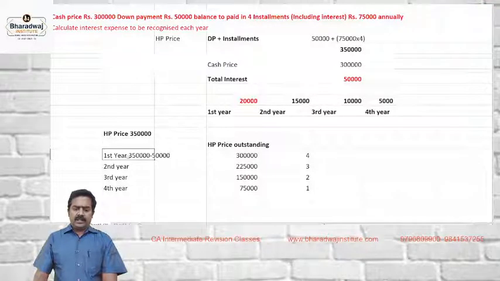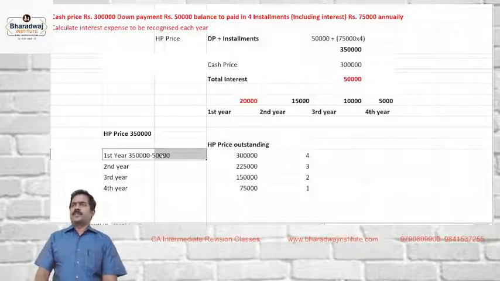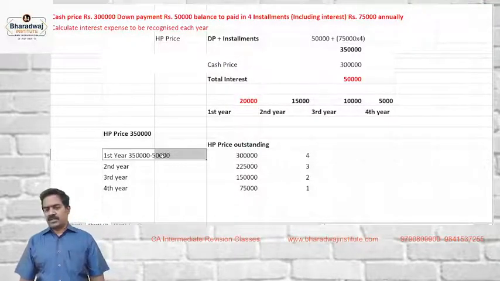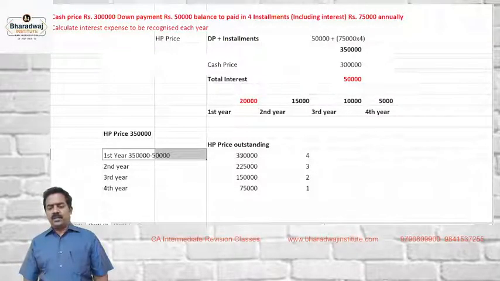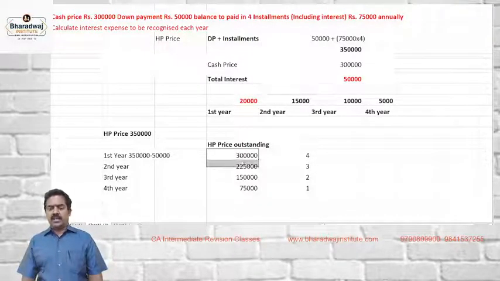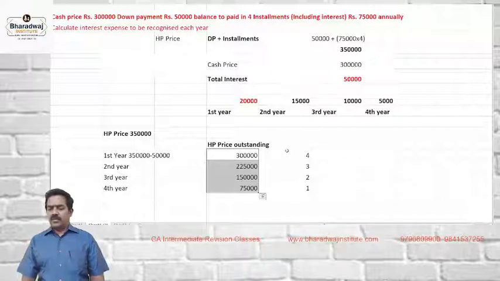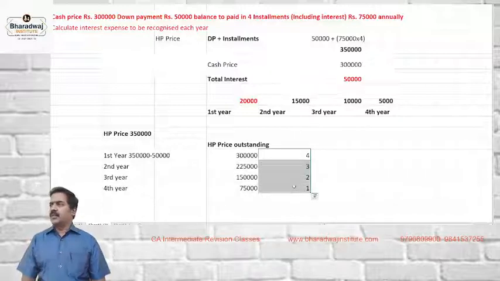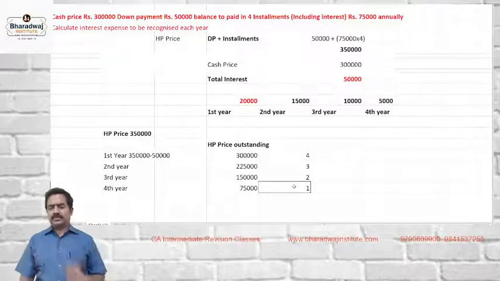We cannot work out the cash price method because we are not given the rate of interest. So 3,50,000 minus 50,000, first year 3 lakhs outstanding. In that each year we pay 75,000. If you look at the ratio of money outstanding, it is 4:3:2:1.